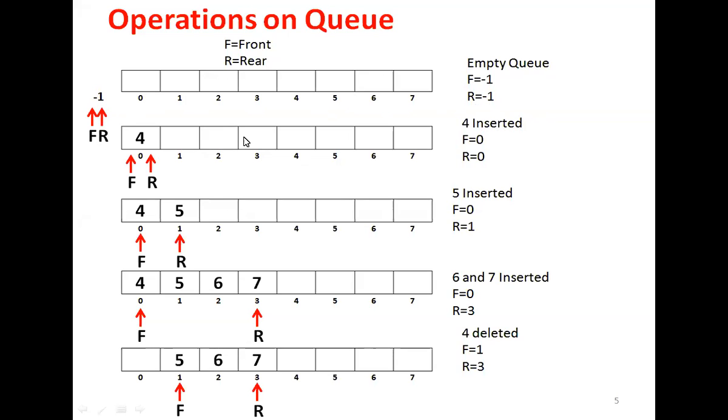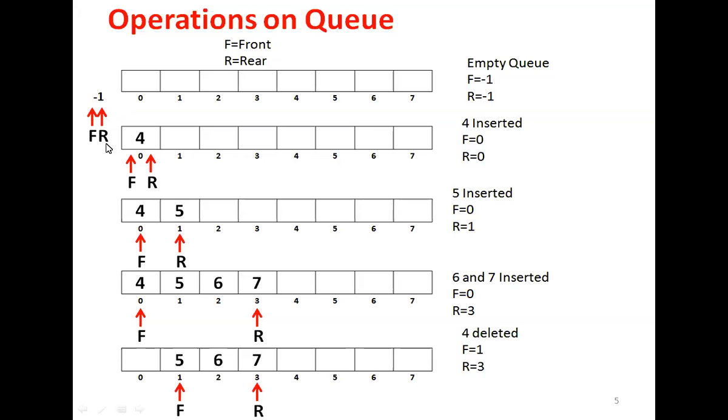In the case of a queue, whenever you want to insert a data item, first of all you have to increment the value of rear by 1, and after that you can insert the data item. So initially the rear value is -1, front also -1, but we will insert the data item at the rear. So you have to first increment the value of rear by 1.